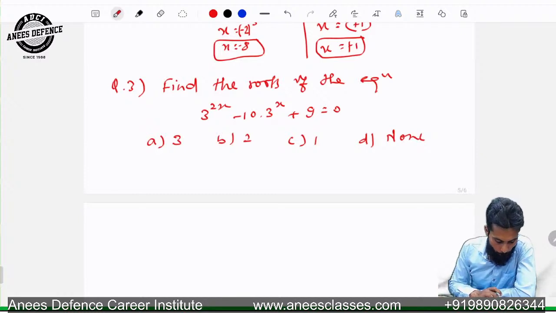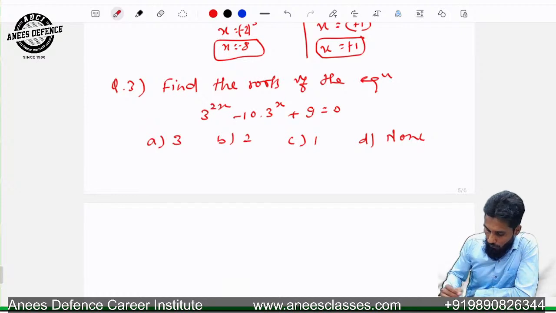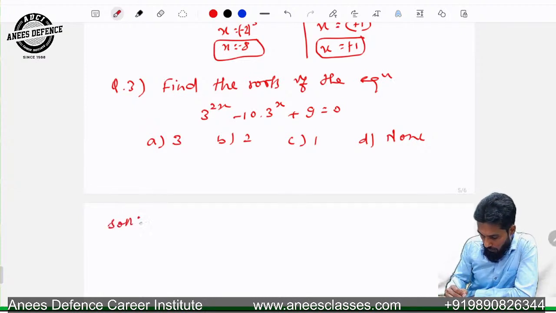You can try this. Solution for this: just put 3 raised to x as y.